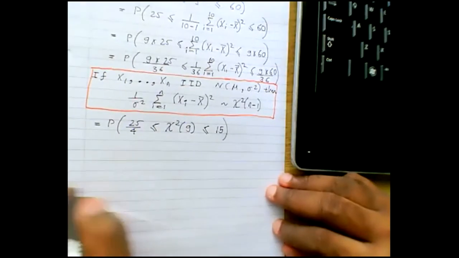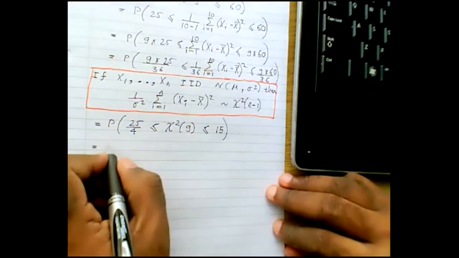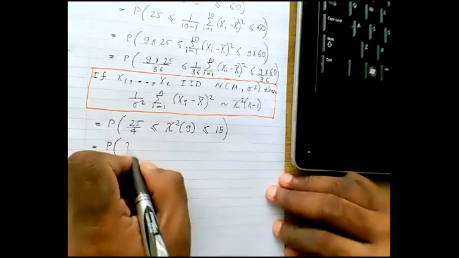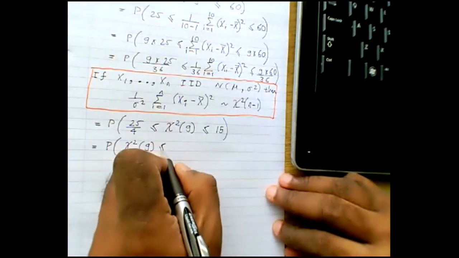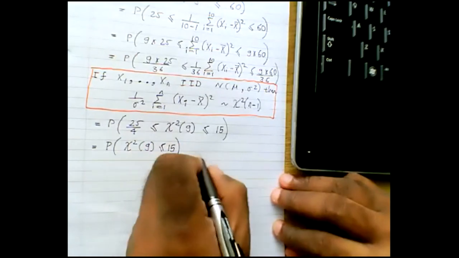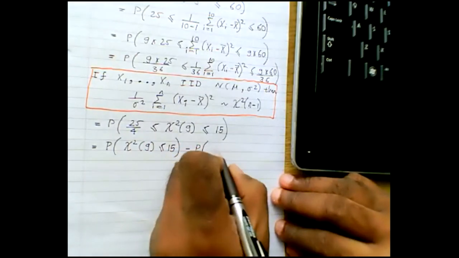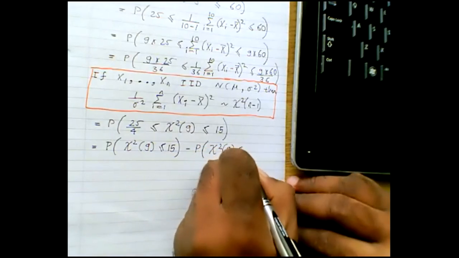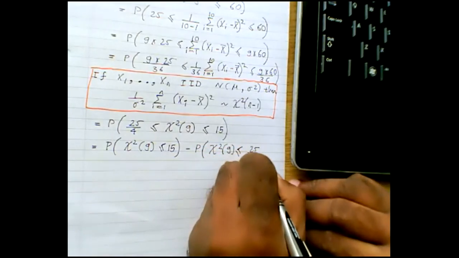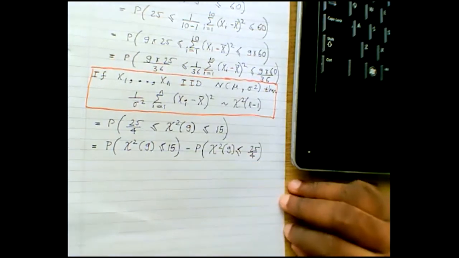All right, guys. All right. So now this you can write as the difference of the following probabilities. Yeah. All right.